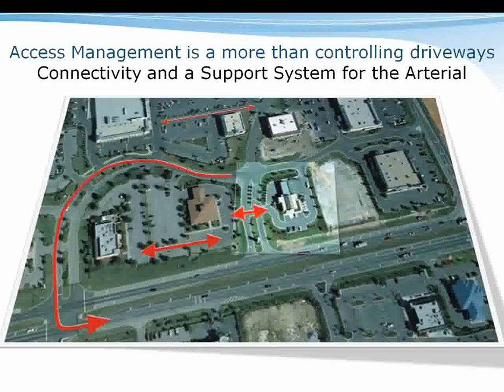So access management does not work unless the connectivity and the support road system and the support distribution system on the other side of the right-of-way, the part not owned or controlled by the Florida Department of Transportation, it is critical to have that support system developed.